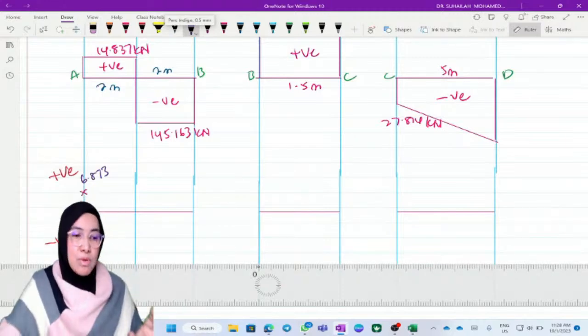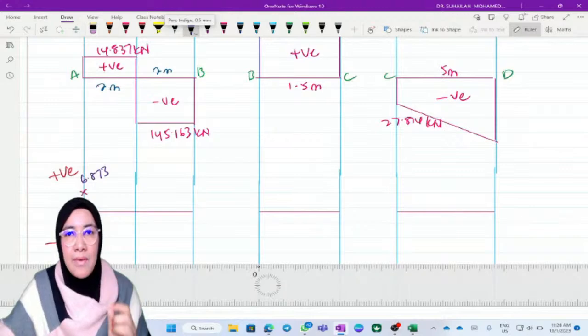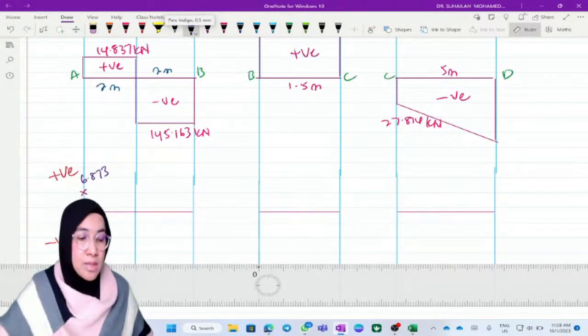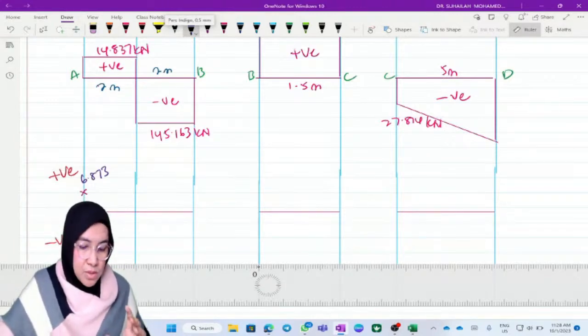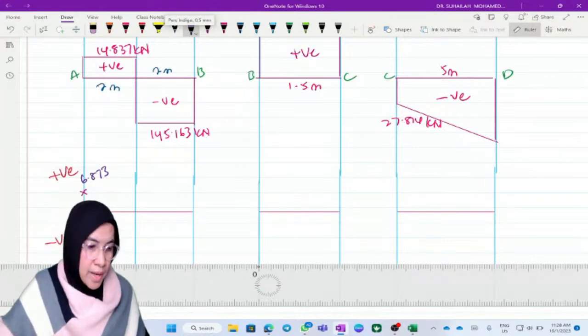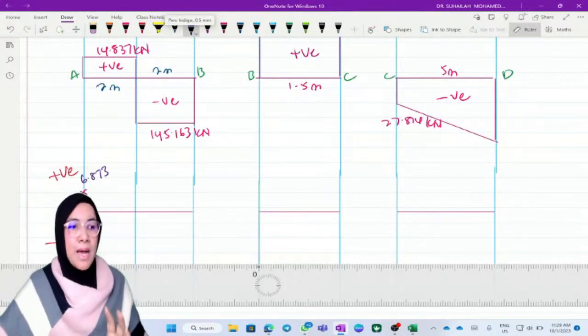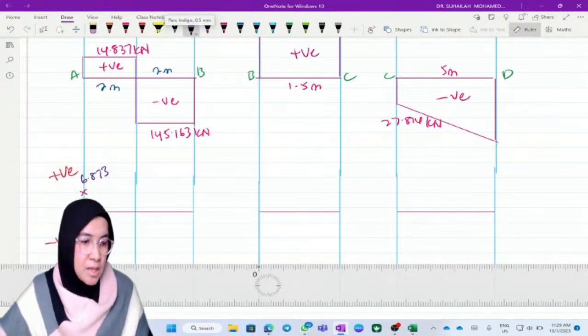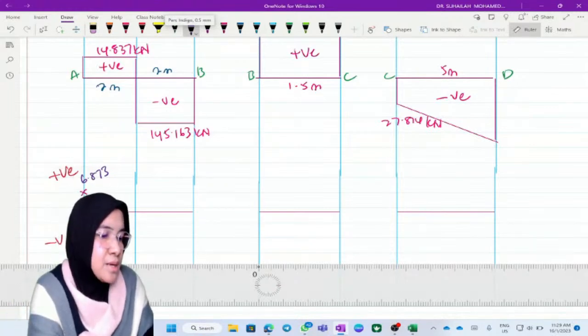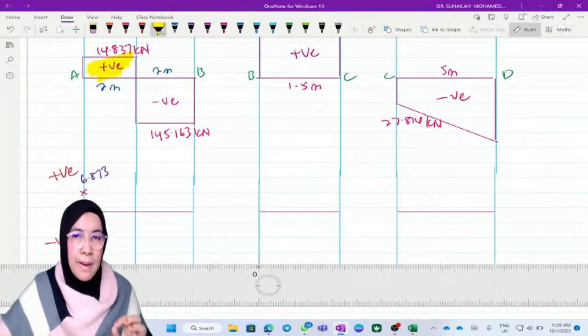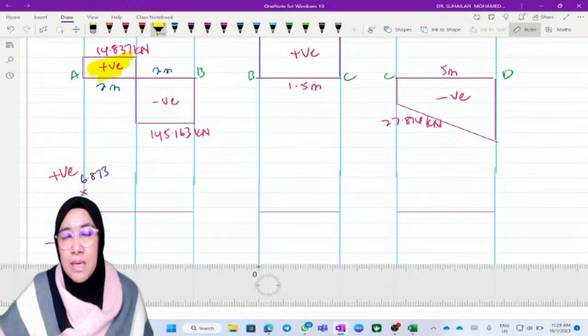Then the first moment position is 6.873. And then we continue by using the area of the shear force diagram. We have to add it to the moment. Now the moment is 6.873, we have to plus with the area. Plus because the label in the diagram is plus.